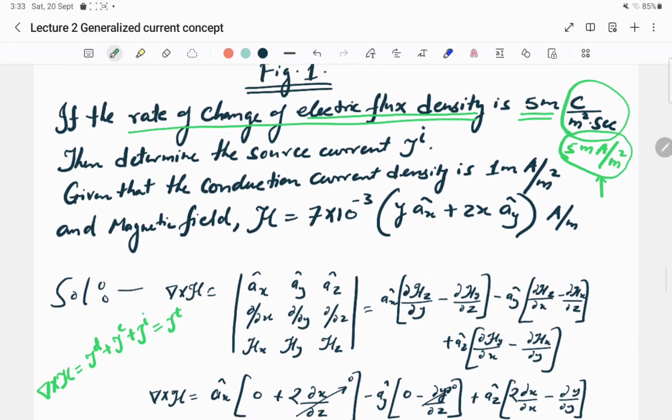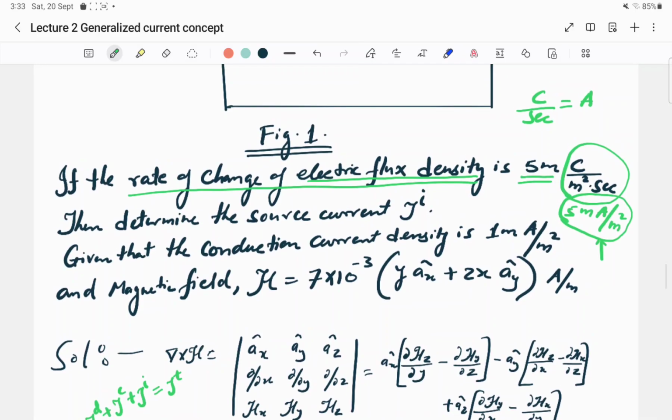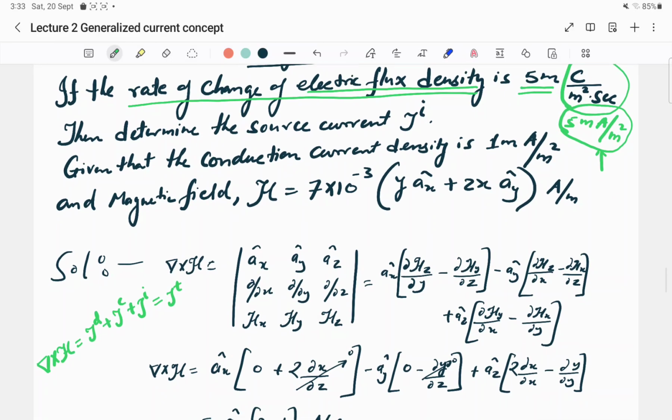In the question, it has been given that the rate of change of electric flux density, that is JD, is 5 milliampere per meter square. And it is also given that the conduction current density JC is equal to 1 milliampere per meter square. You have been asked to find JI.